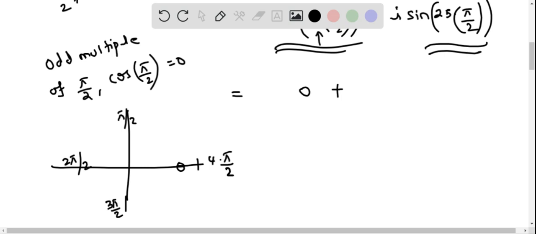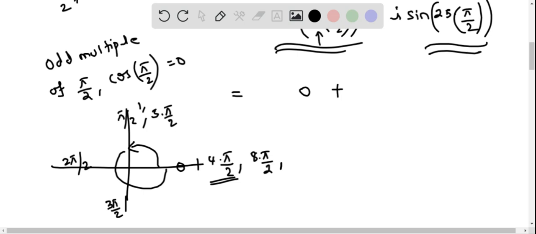So when we find the sine value of π/2, sine π/2 is 1 here, as well as after one complete rotation, this will be 5 times π/2, because here it is 4π/2, and after one more π/2, this will be 5π/2. So likewise, if we go around this quadrant, the next value at this point will be 8 times π/2. So likewise, we have to go till 25 times π/2.